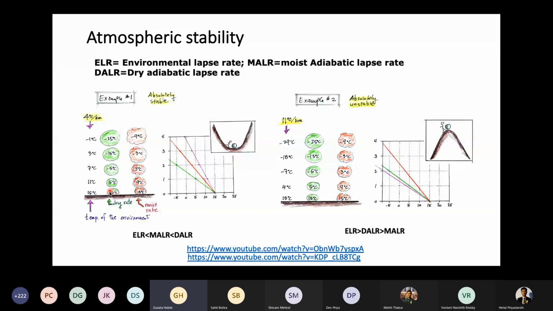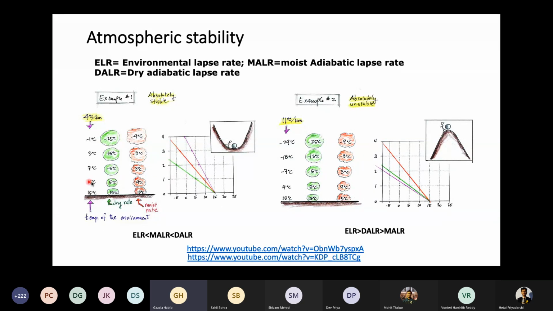Its temperature at the ground is 15 degrees centigrade, but it has no moisture inside it. So when it moves up, the temperature will reduce by 10 degrees centigrade per kilometer, and its temperature will become 5 degrees centigrade.